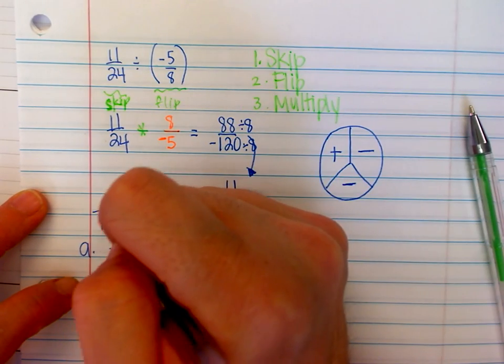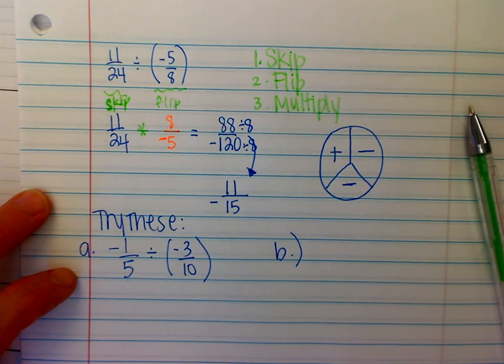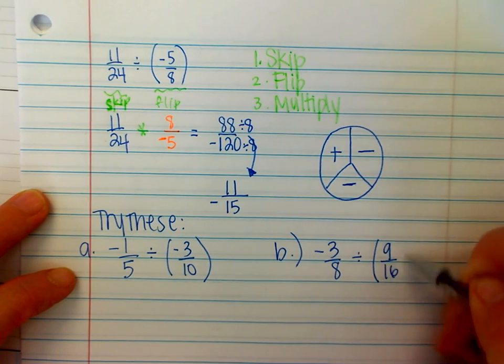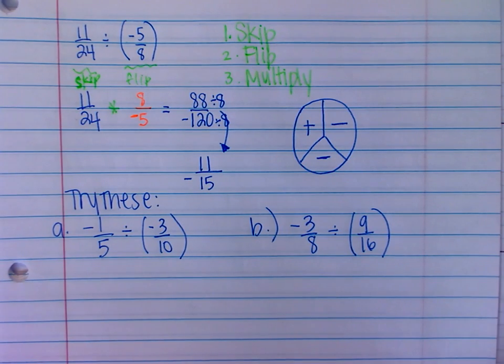That's the first one. -3/8 divided by 9/16 is the second one. Spend a few minutes doing those. Remember your skip, flip, and multiply procedure.